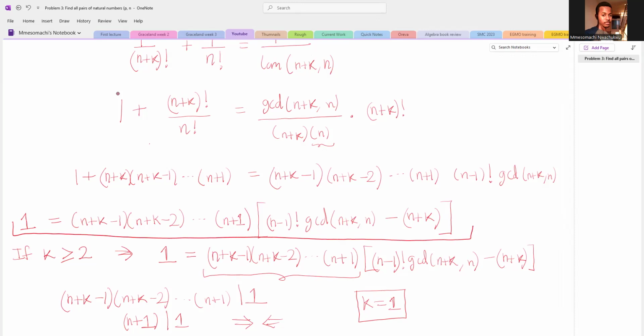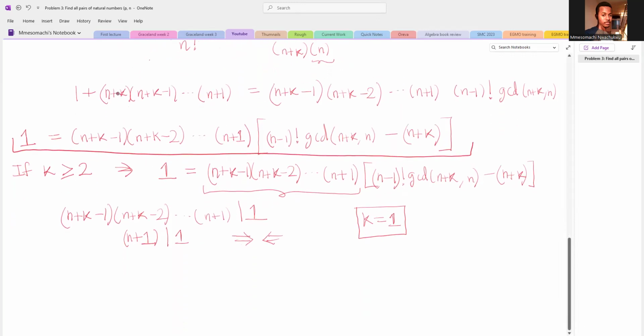Okay, so let's scroll down a bit. So if we have k equals 1, so let's go back to the original equation.